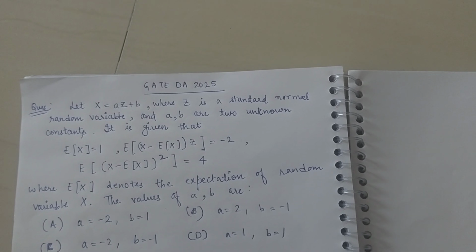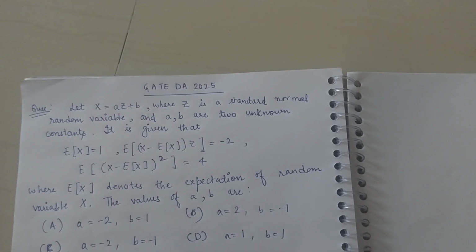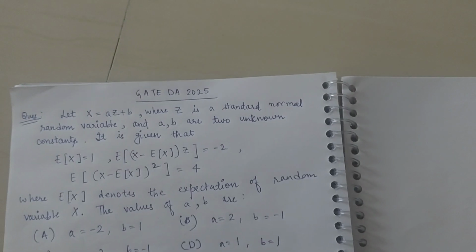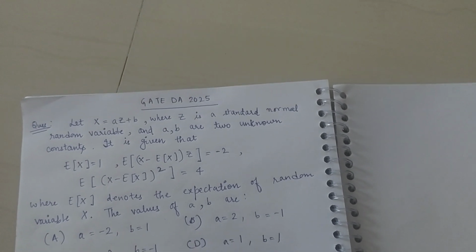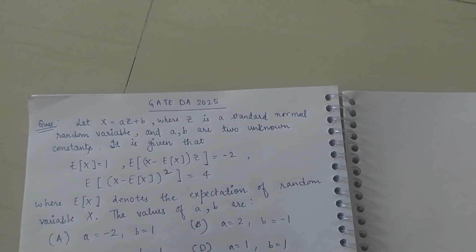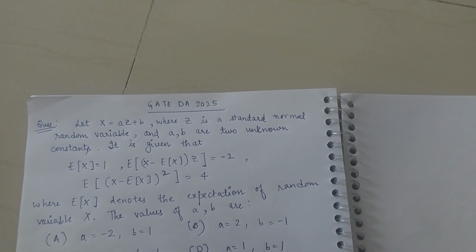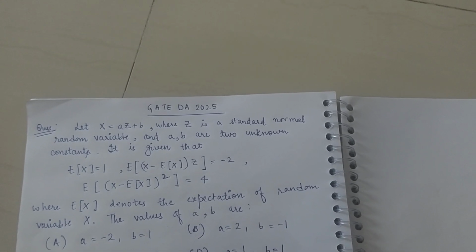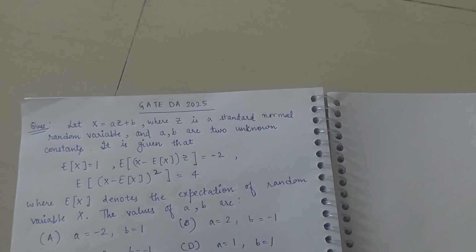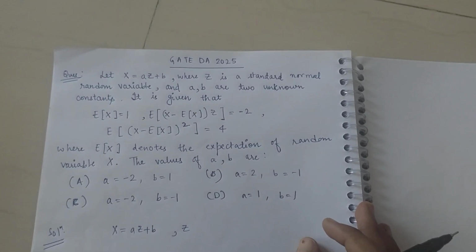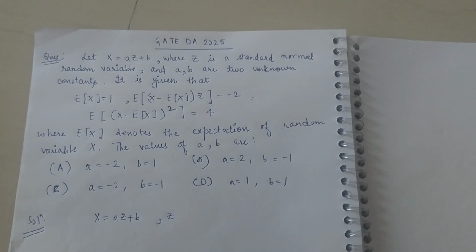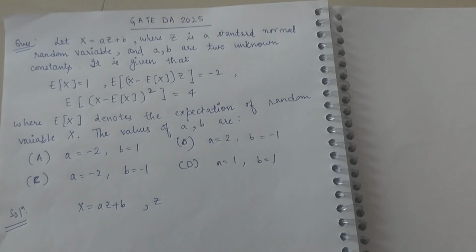Okay, so here we are given that x is of the form az plus b, and z is a standard normal random variable, and a, b are two unknown constants. So in this question, since we are given the unknown constants and the options, we are supposed to find these unknown constants.